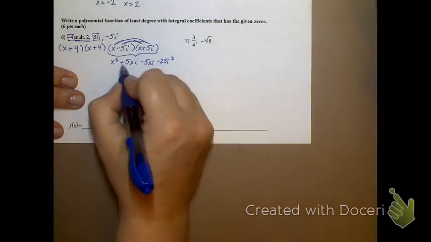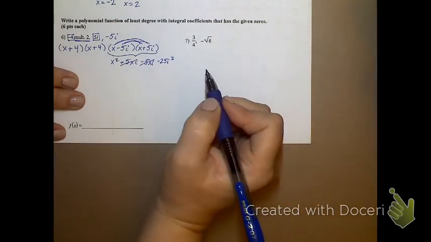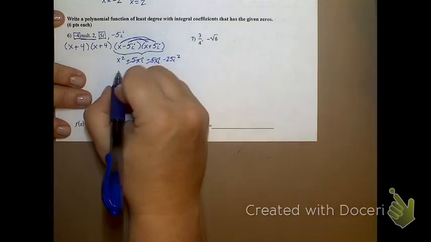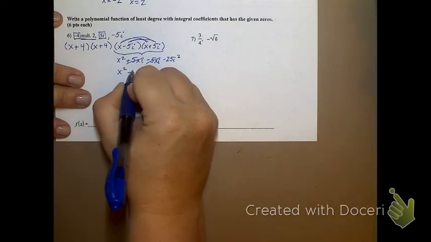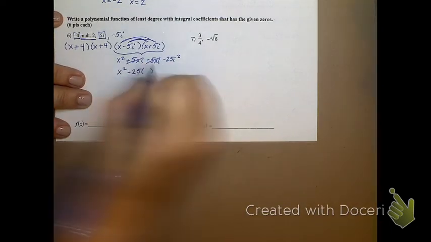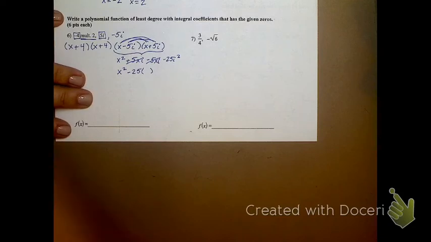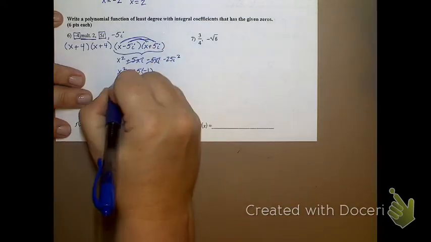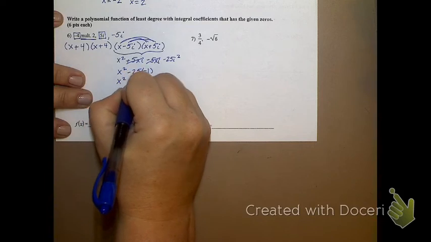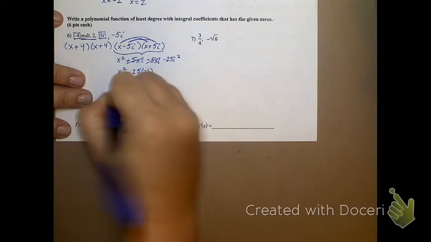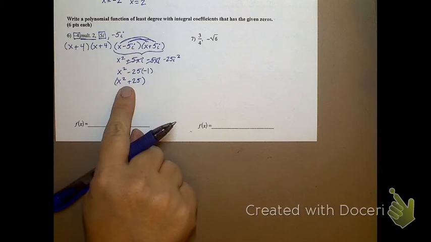Because they're conjugates, those middle terms should cancel out, which they do. So I have x squared minus 25, but I can't write i squared. What does i squared equal? Negative 1. And that makes this x squared plus 25. So those two parentheses multiply down to this.